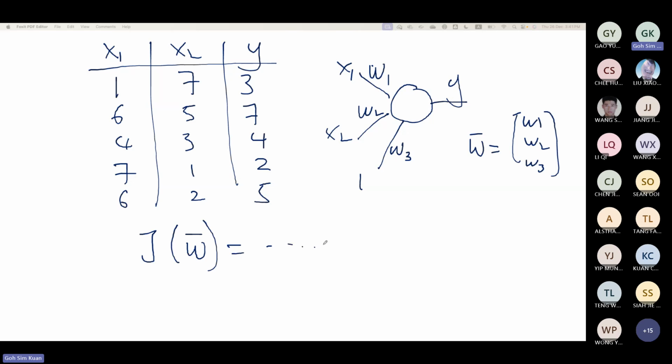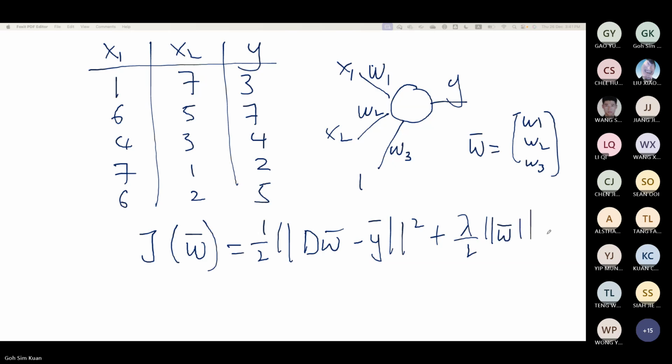This is something that we have learned from our lecture slide, and anyway, I will just write them out explicitly here. So this is what we learned from the lecture.